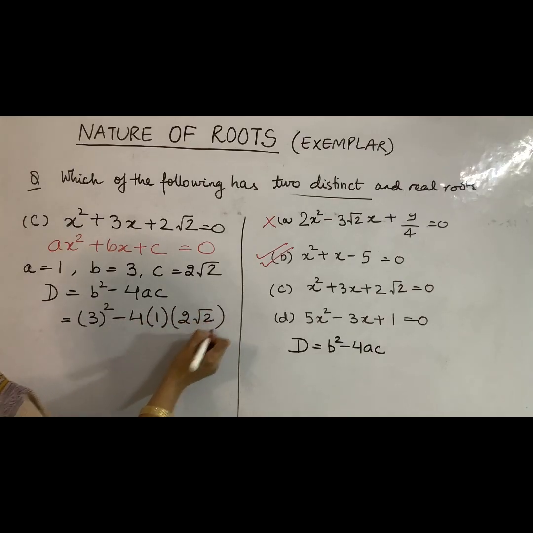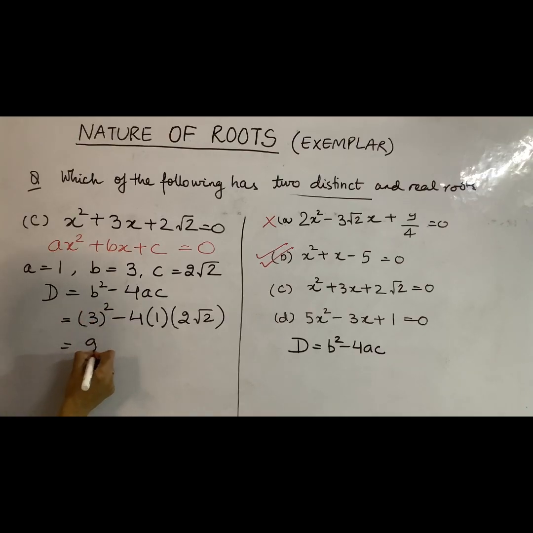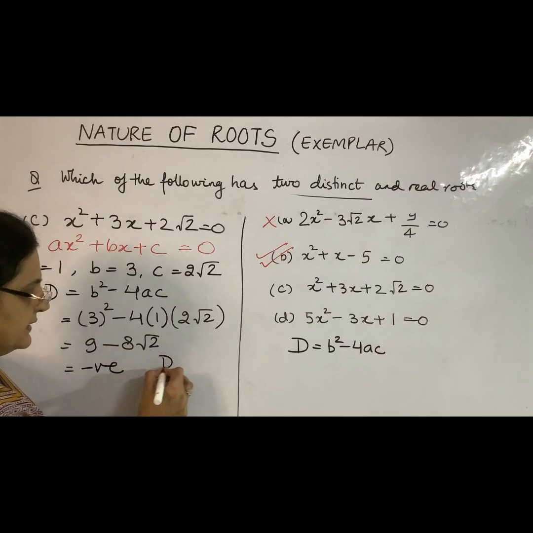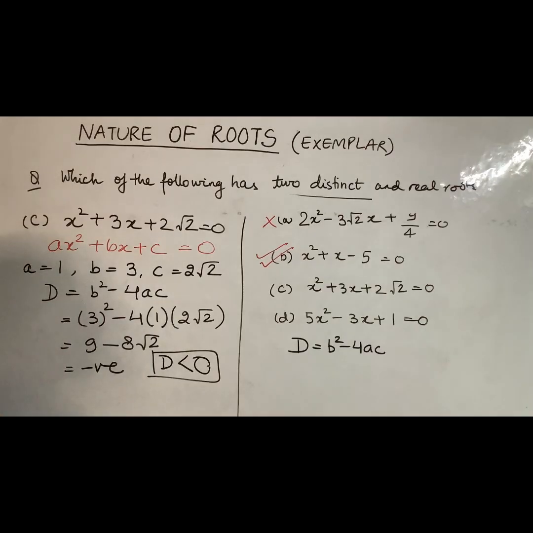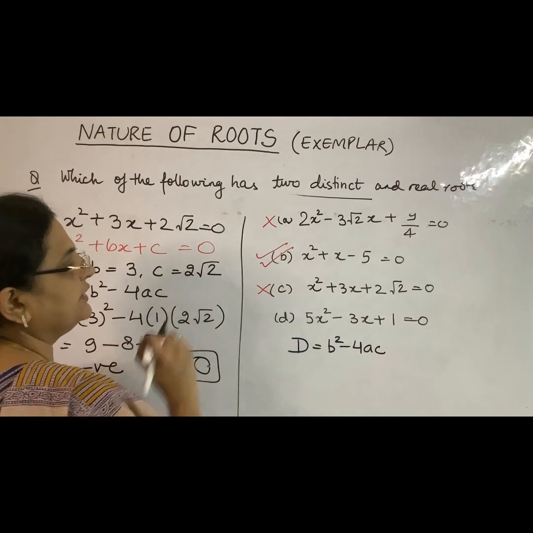Just substitute the values. So this becomes 9 minus 8 root 2. Root 2 is 1.414. So multiply. You will get some negative value. Negative value means discriminant is less than 0. And for discriminant less than 0, we know that the roots are imaginary. So it does not have real roots.